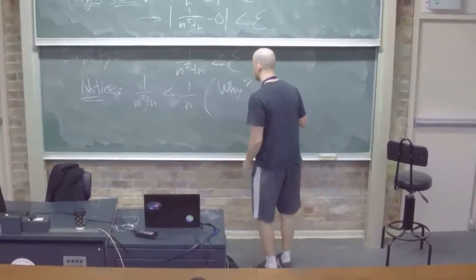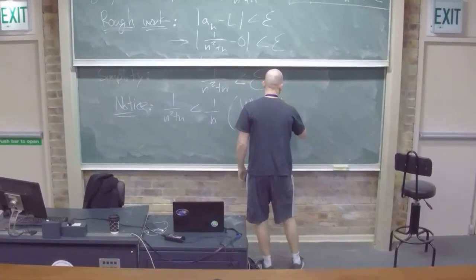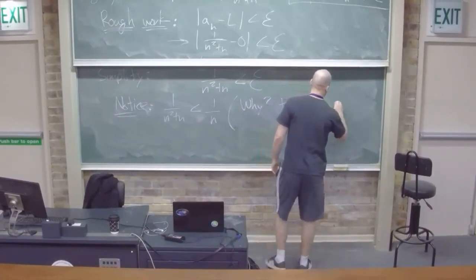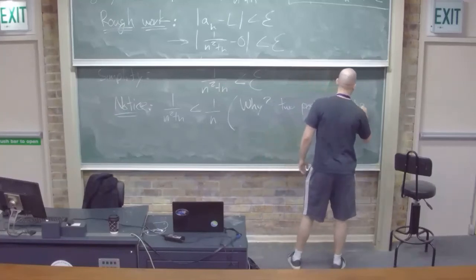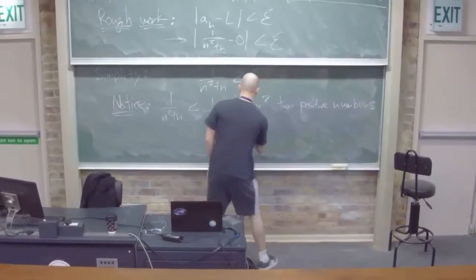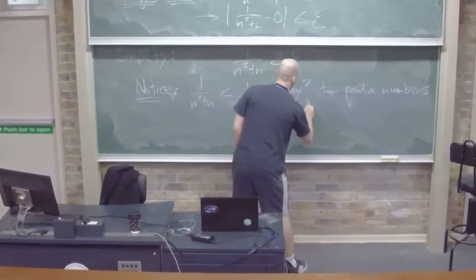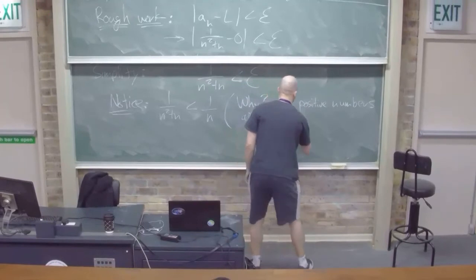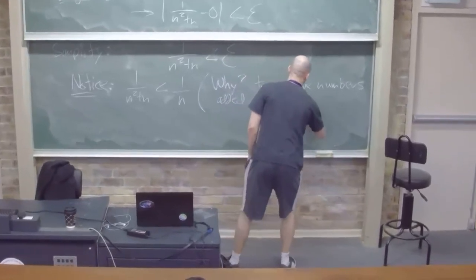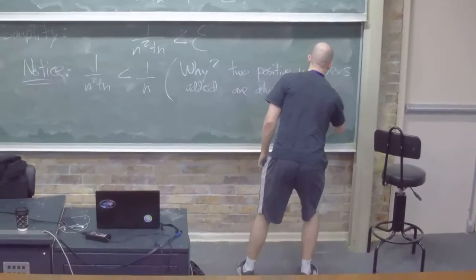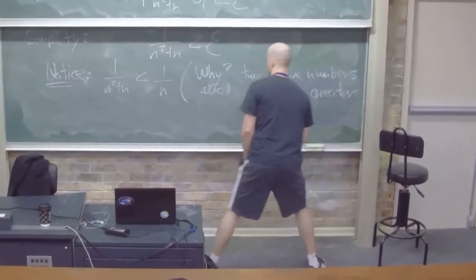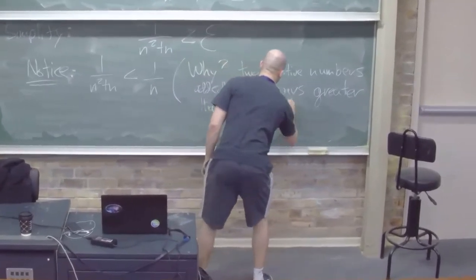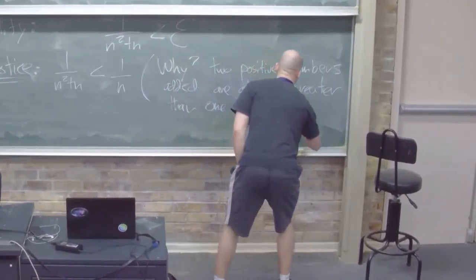So we'll say 2 positive numbers added are always greater than 1 of the numbers.